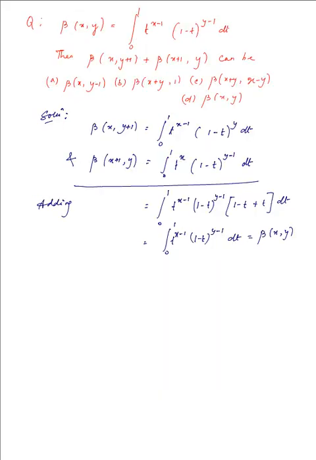Now, in the next question, we have the beta function defined as beta(x, y) integrated from 0 to 1, t raised to the power x minus 1, times 1 minus t raised to the power y minus 1. And in this case, we have to see whether beta(x, y+1) plus beta(x+1, y) will be equal to, and we have four options available.